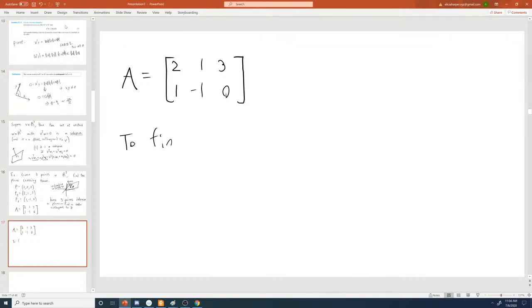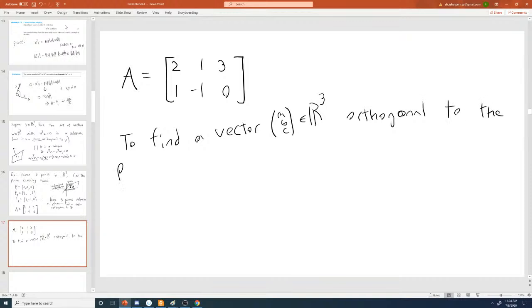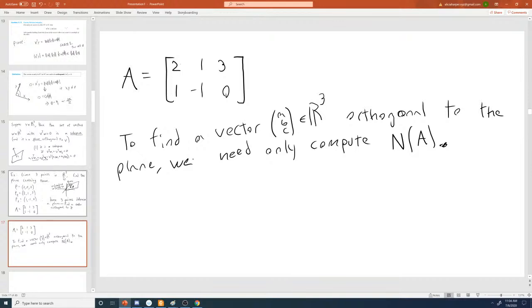To find a vector A, B, C in R3 orthogonal to the plane, we need only compute the null space of A. Because any vector that's in the null space of this matrix is going to be orthogonal to both of these.